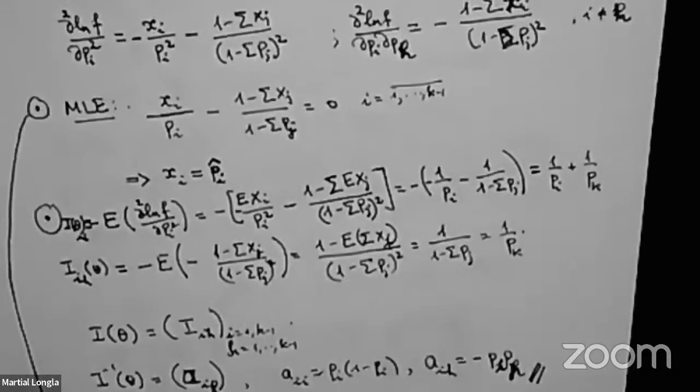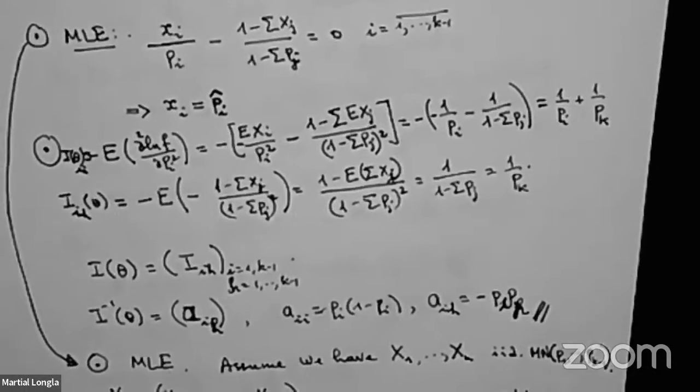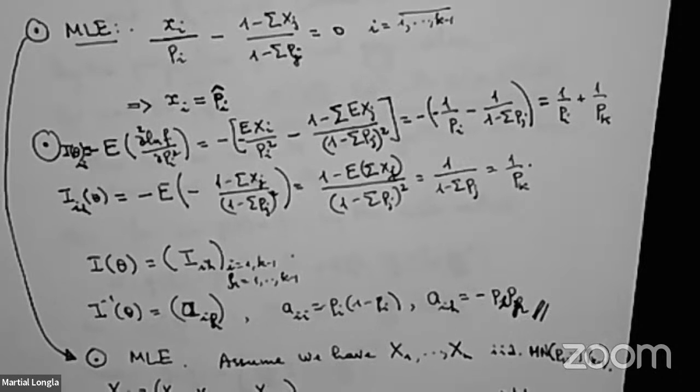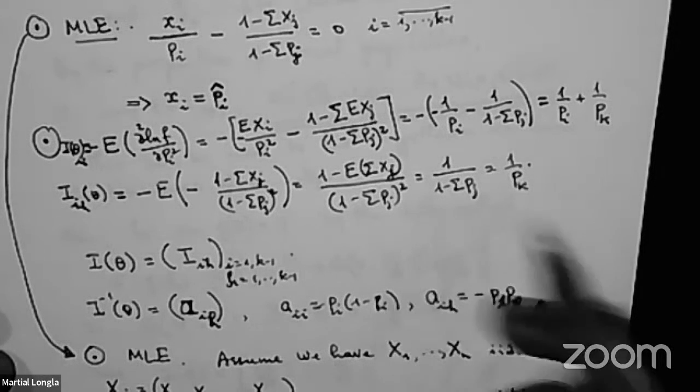But then you have a theorem that states that the MLE is unique under certain conditions that this problem satisfies, and therefore you can conclude that it's the only solution. There is actually a way to show that it exists and is the only solution we have in this problem, but I'm not going to spend time on that.